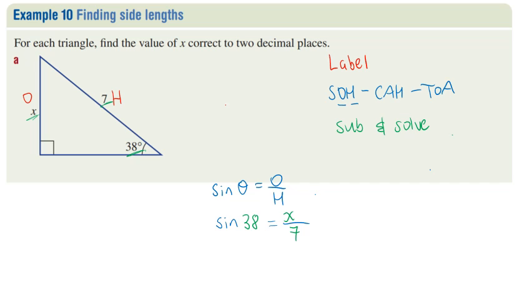So I've substituted those values in. Now I just need to solve. So to solve for x, I'm going to multiply this 7 onto the other side. So I'll have 7 times sine 38. That will give me x. So I put that into my calculator, and that tells me 4.31 equals x.